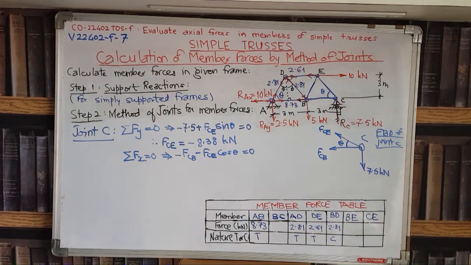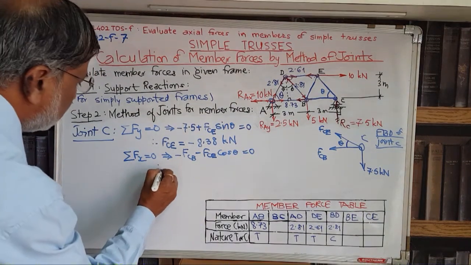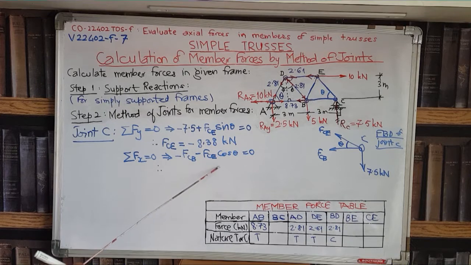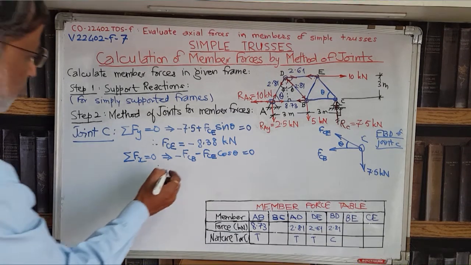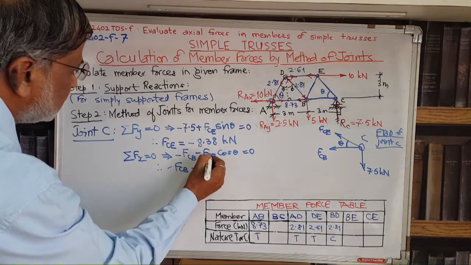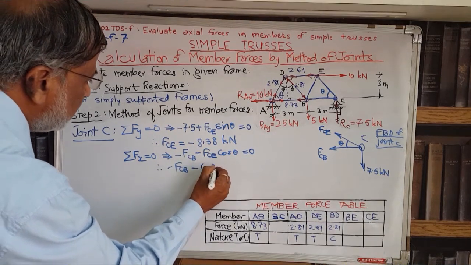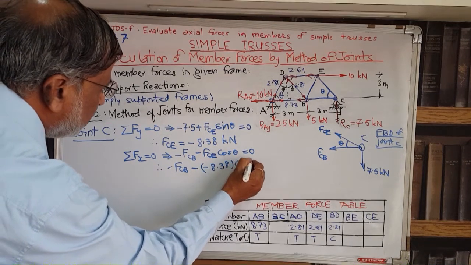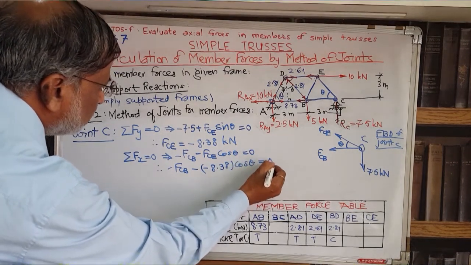So this is to be equated to 0. After we equate it to 0, we will substitute this value of FCE as minus 8.38 in this equation. So we get minus FCB minus, FCE is minus 8.38, into cos theta equal to 0.